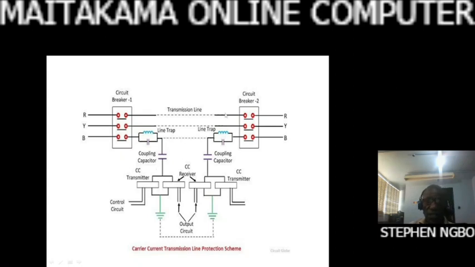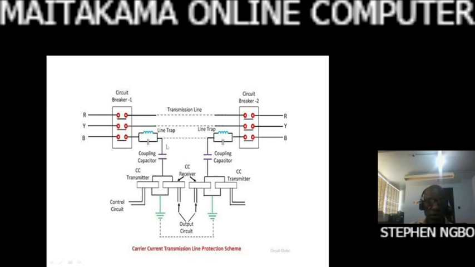So take as an example, this is station 1 breaker, and this is station 2 breaker, with a line trap which is inserted between the bus bar and the coupling capacitor.